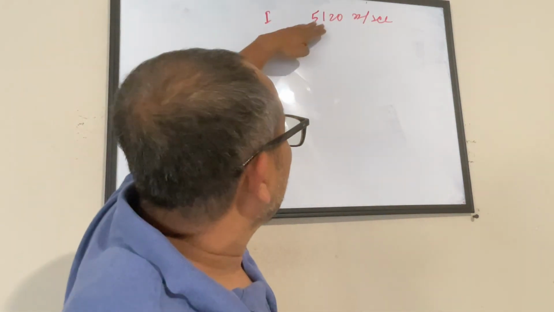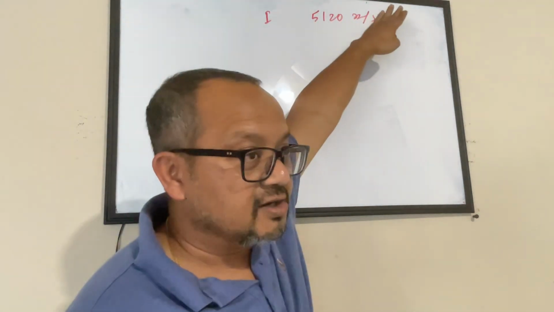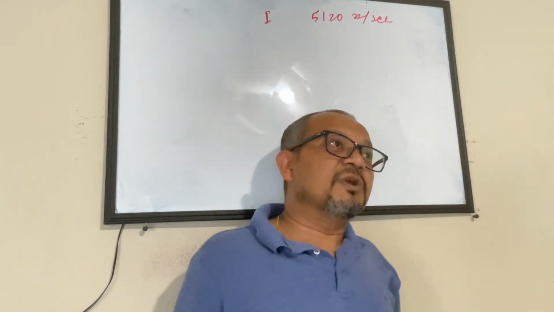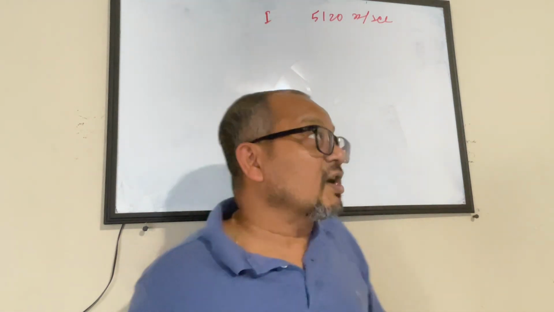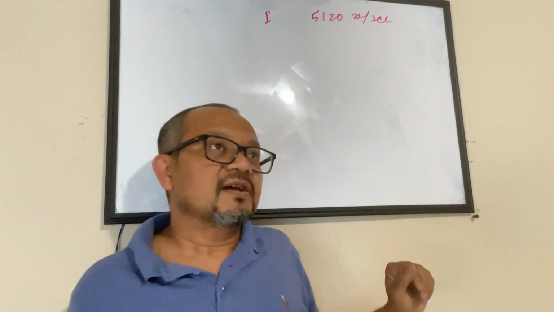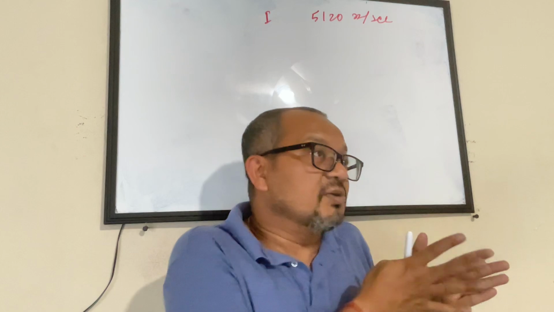The speed of the sound is 5120 meter per second in iron. Find out the speed in hour. What it means to me as a toddler is: what will be the speed of this wave in kilometer per hour, meaning how many kilometers it will travel in 1 hour.